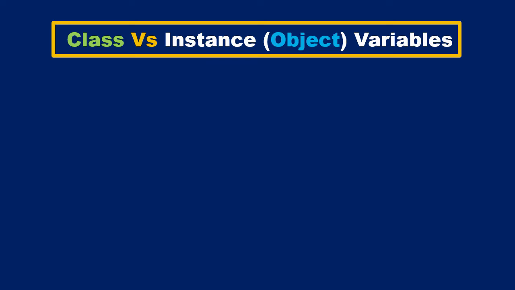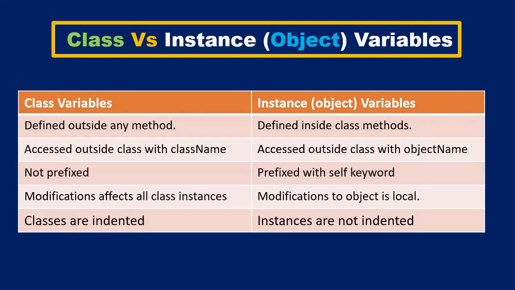In this video, I'm going to show you a very basic table that shows some differences between class variables and instance variables. Instance variables are also known as object variables. Class variables are variables that are defined outside of any method within the class, while the instance variables are variables that are defined inside the methods within the class.